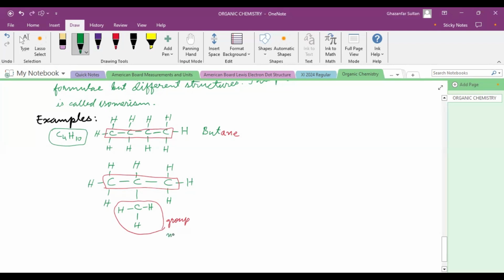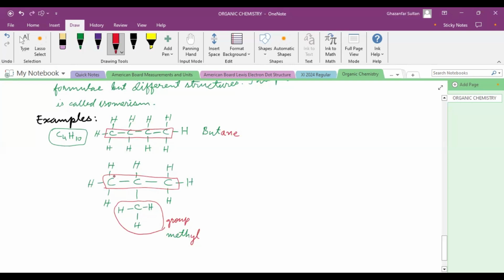So 1 carbon, it is meth, and as a group, it is written as "-yl", methyl group. And in Pakistan and India, it is pronounced as methyl. Actually, the correct pronunciation is methyl. So this is the methyl group.